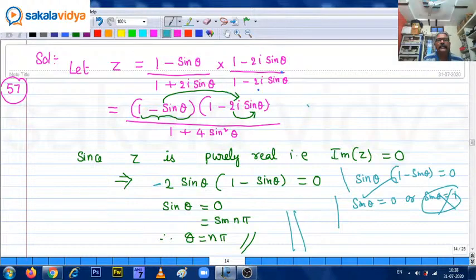See, here minus 2 sine theta is the coefficient multiplied by 1 minus sine theta. We get this equal to 0. Sine theta into 1 minus sine theta is equal to 0 by minus 2, which is 0. So sine theta is equal to 0, you will get it.